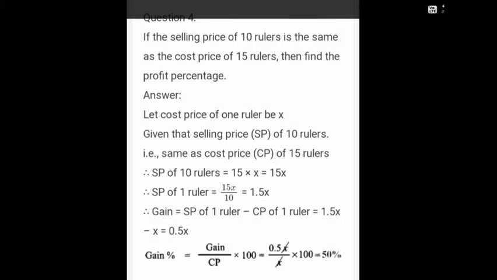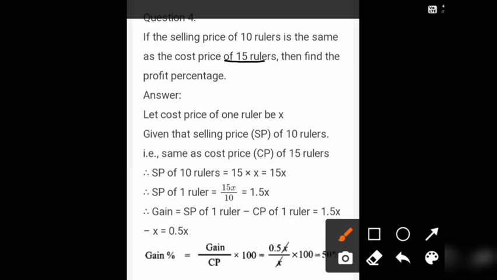Next question number 4. If the selling price of 10 rulers is the same as the cost price of 15 rulers. Selling price means sold price, cost price means buying. So what is buying? Buying 15 rulers, that is buying is x, consider as x. 15 rulers is same as the 10 rulers' selling price.